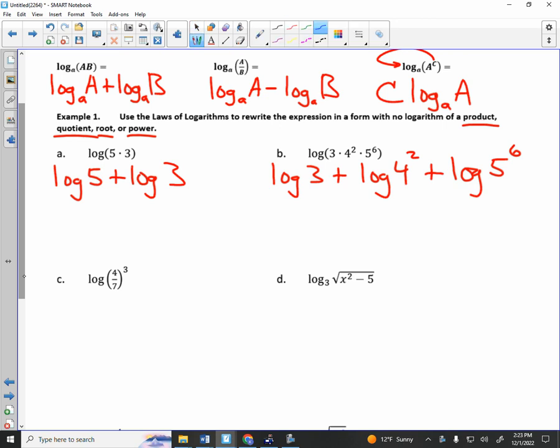Now that we have those, as Sophie was talking about, you can take this 2 now and move it out front. And the 6 and move it out front. So it becomes log of 3 plus 2 log of 4 plus 6 log of 5.